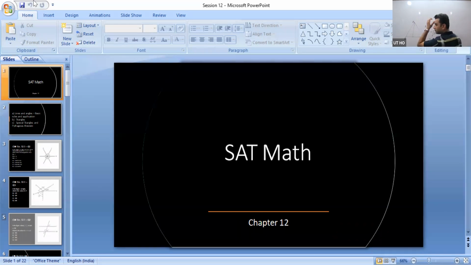Let's say the side opposite to vertex A is of length small a, the side opposite to vertex B is small b, and the side opposite to vertex C is small c. So the semi-perimeter s will be equal to half of the perimeter, which is a plus b plus c. So it will be (a + b + c) by 2. Clear? Okay. So this is called Heron's formula.